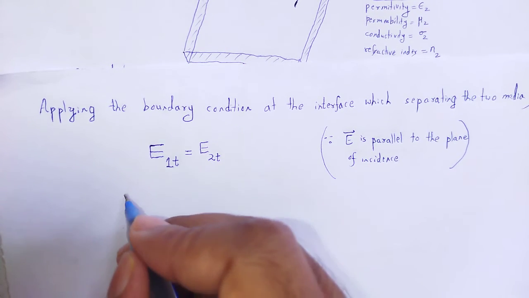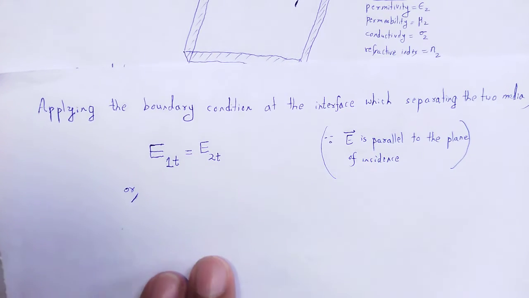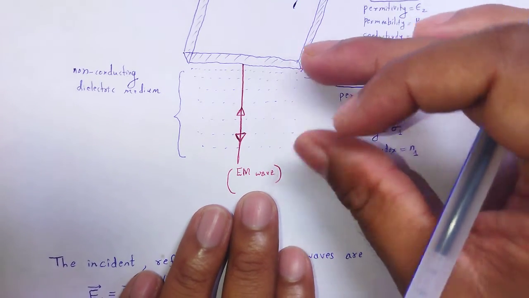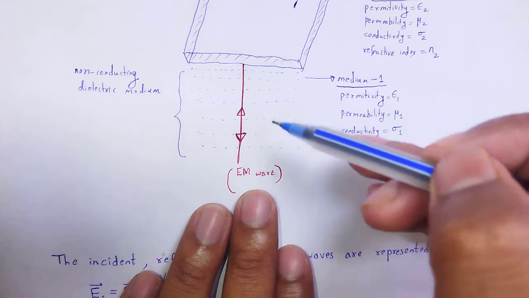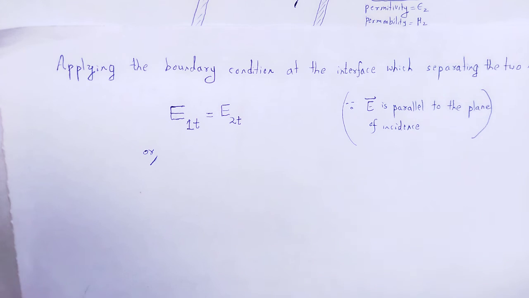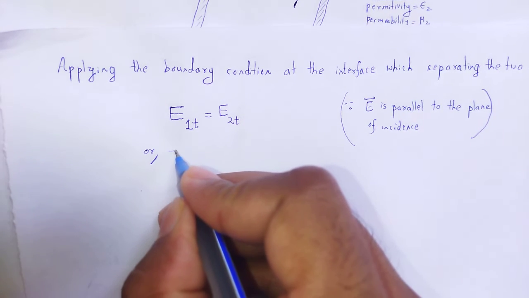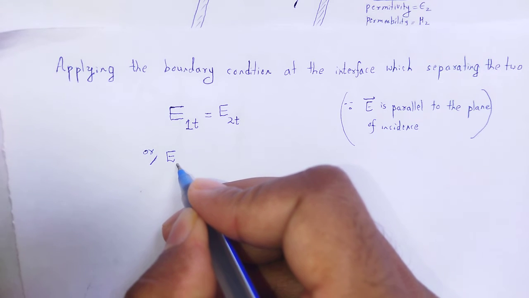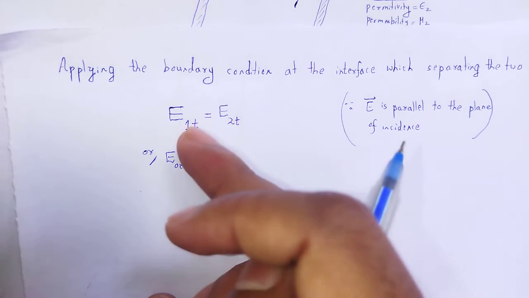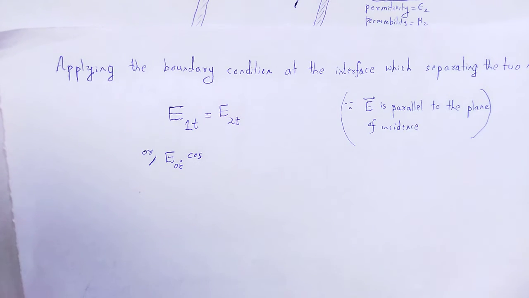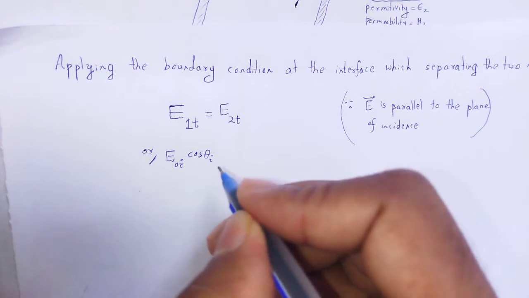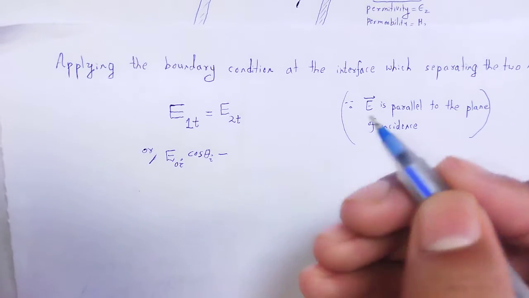What is the tangential component in medium 1? The tangential component in medium 1 has both incident and reflected parts. For incident, we consider its magnitude term only. So, E0I cos of the angle of incidence, as we treated the E vector parallel to the plane of incidence, so cos theta I, minus.